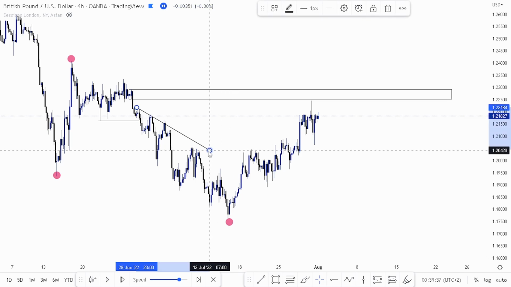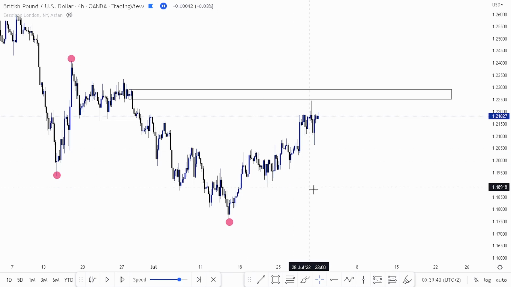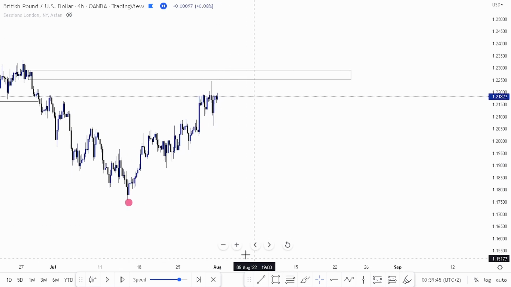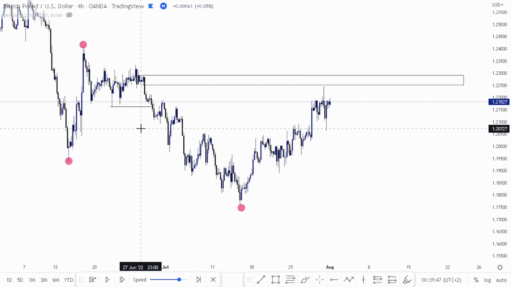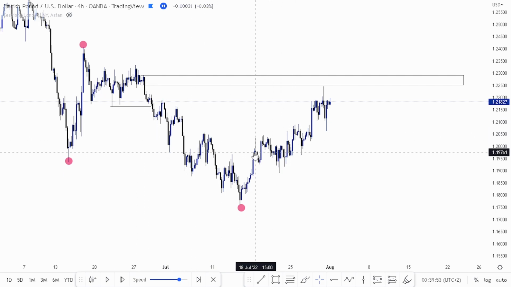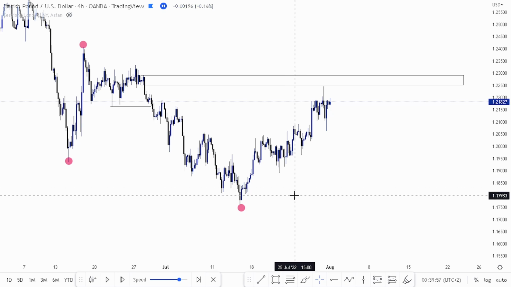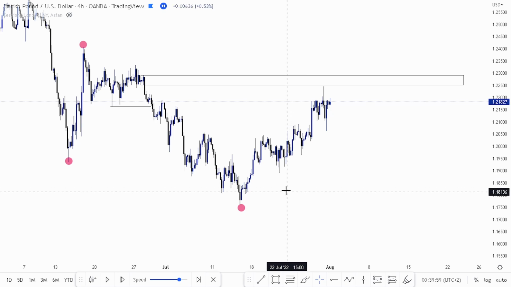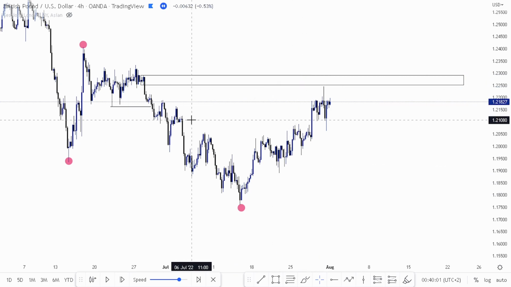And the banks do manipulate the market sometimes by generating that liquidity through retail traders. So what would happen is that if you are waiting to buy at a specific level, you'd realize that price would drop even further, taking out your stop loss, and then price would continue going up further.